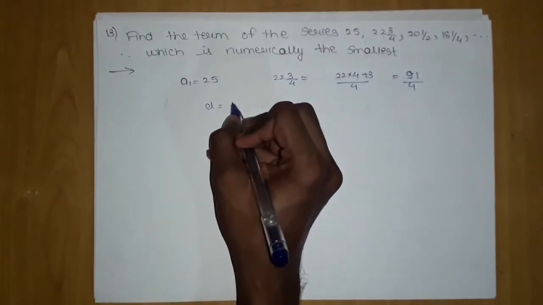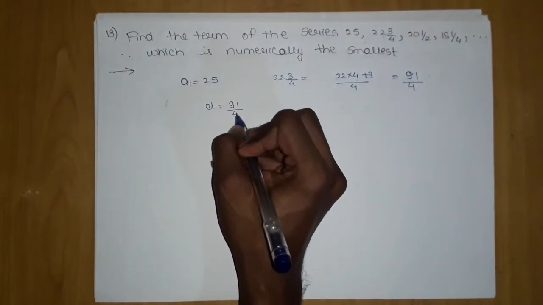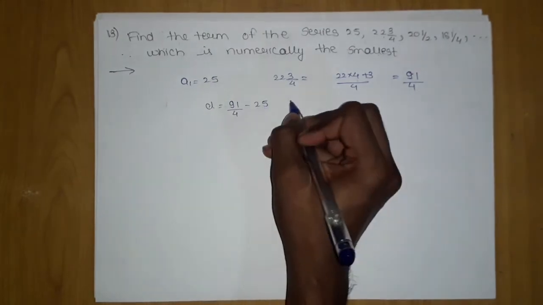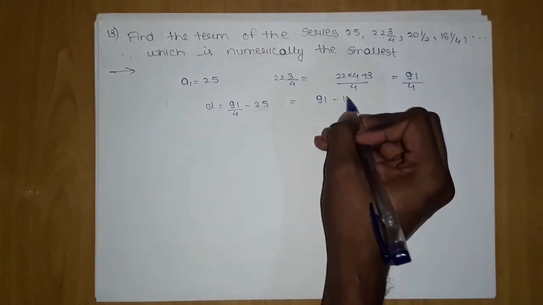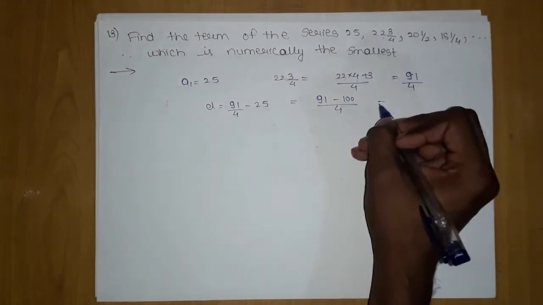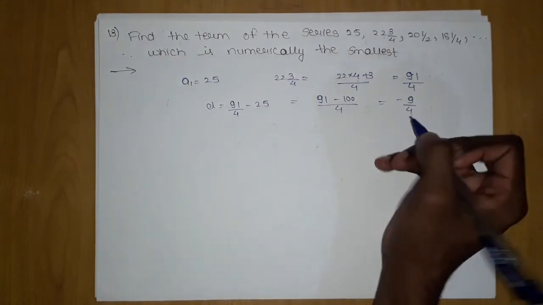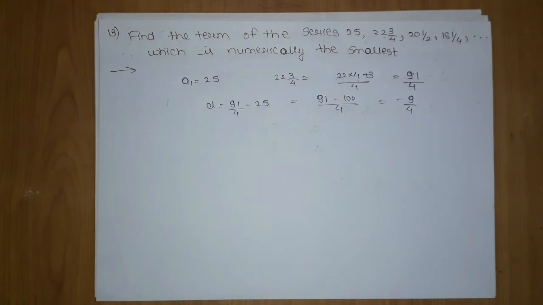D is what? 91 by 4 minus 25. I will multiply and divide by 4, so it becomes 100 upon 4. This is minus 9 by 4. So we are getting D as minus 9 by 4. Now you want to find the numerically smallest term. We want to find the location at which the numerically smallest term appears.